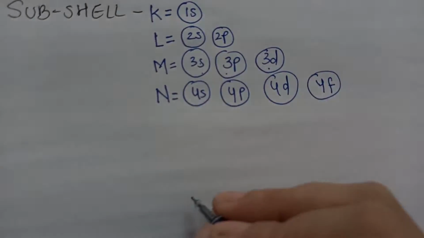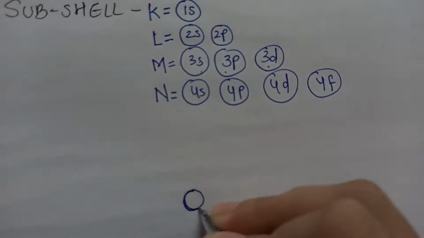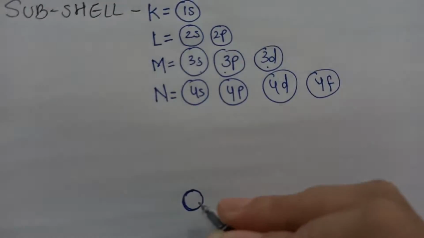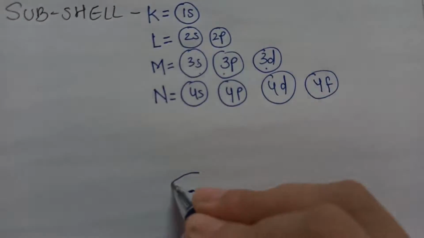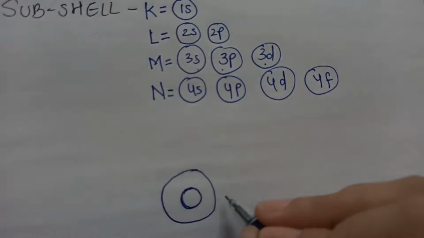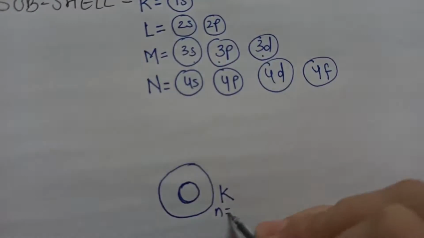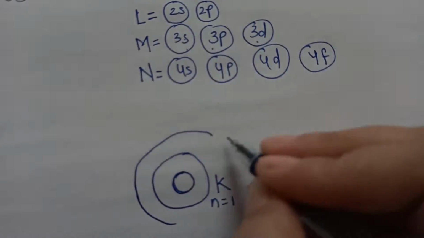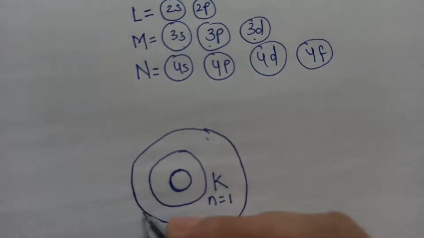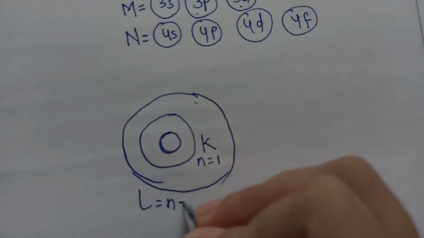Now let me make a diagram to explain this in detail. Suppose this is the nucleus of the atom. You have studied in 10th class that the first shell after the nucleus is called the K shell, for which n is equal to 1. Next is the second shell, and that is the L shell, for which n is equal to 2.